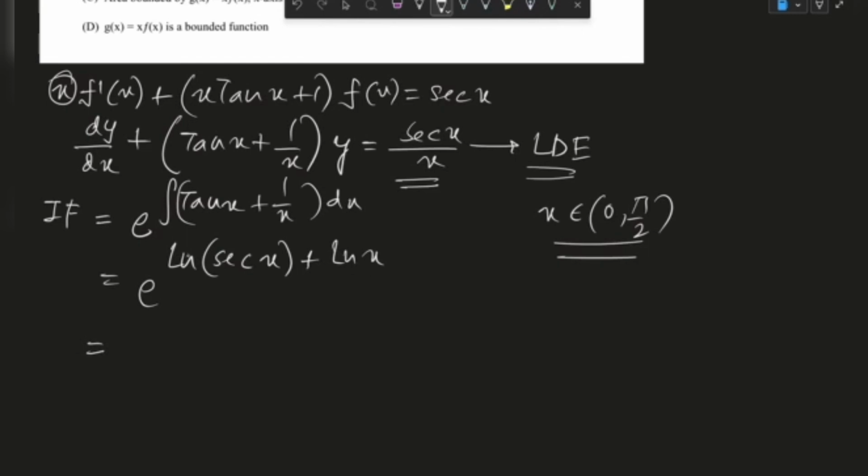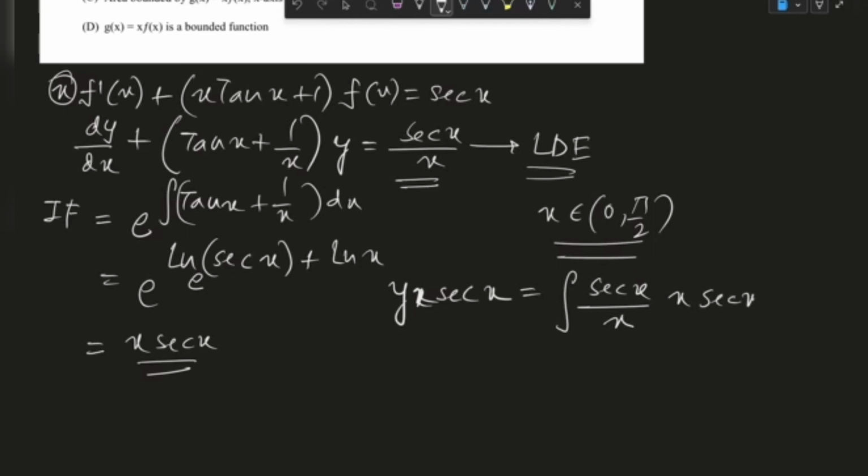So what we can do is, as this is in product form, I will bring it as ln x secant x, and this is base e, so this will come out to be, okay, this is not ln, it is e power ln, so this will become x secant x. So basically y multiplied by integrating factor x secant x will come out to be integral of the RHS, which is secant x by x multiplied by x secant x dx.